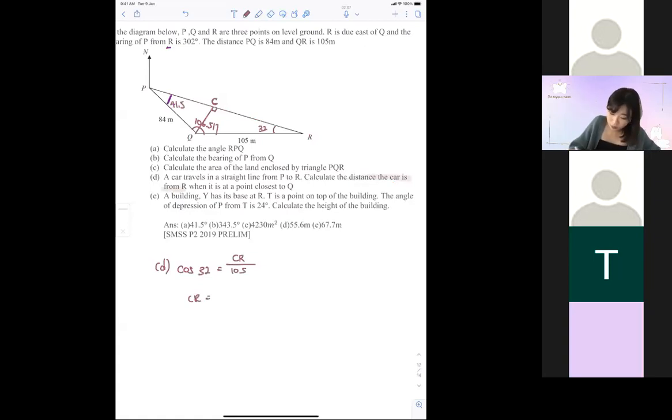Oh, I forgot. This answer is wrong. This is 89.0. This is correct. Okay. So 105 cosine 32 is 89.0 meter.